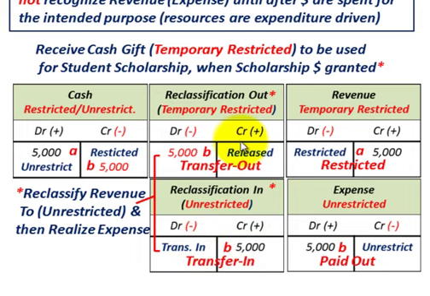So we have done this reclassification of our revenue: our reclassification out, we debit for $5,000 to transfer out the funding, and our reclassification in to the unrestricted funding, we credit for $5,000. And after we've done that reclassification, then we can actually pay out our cash. And this would now be unrestricted cash.